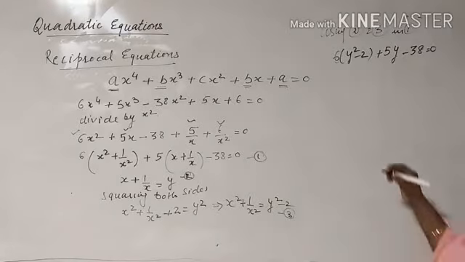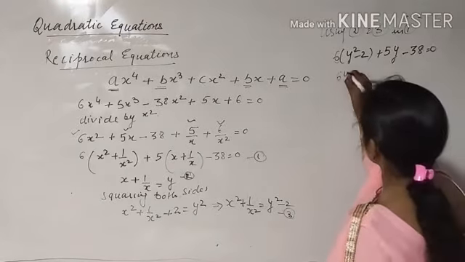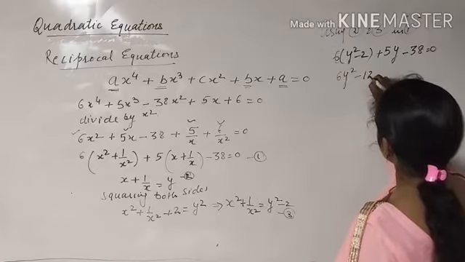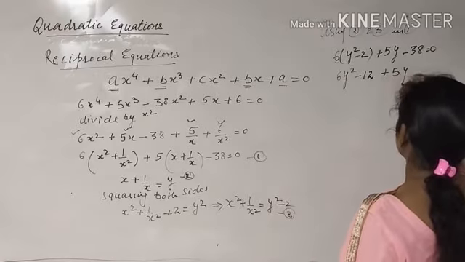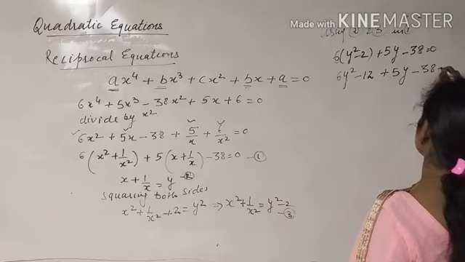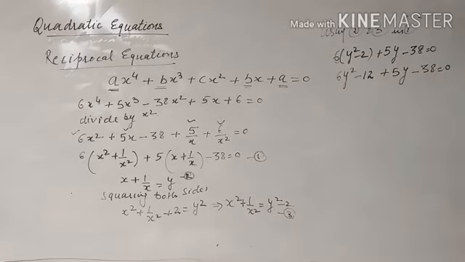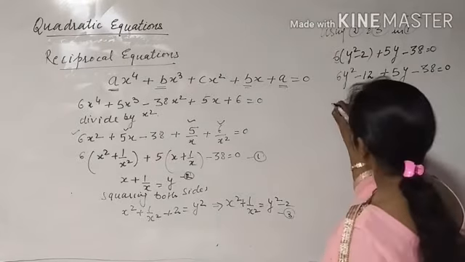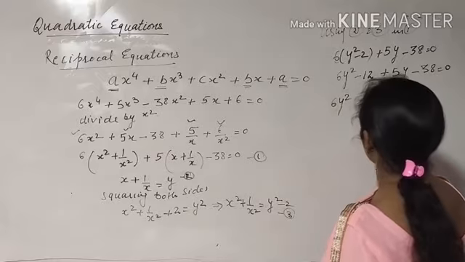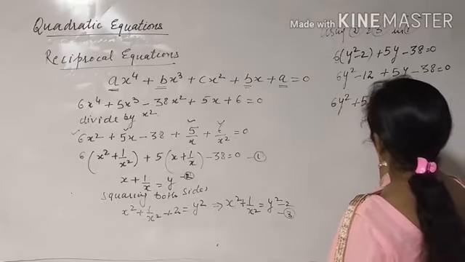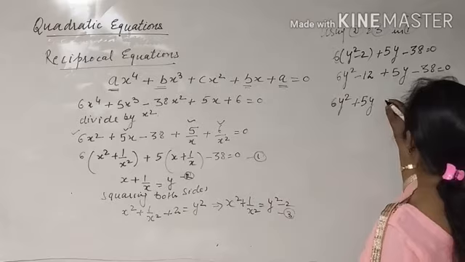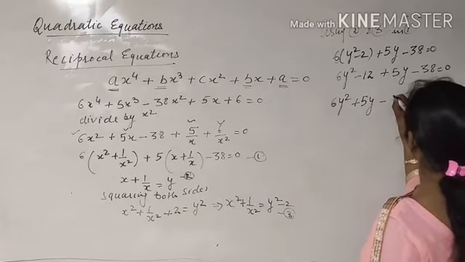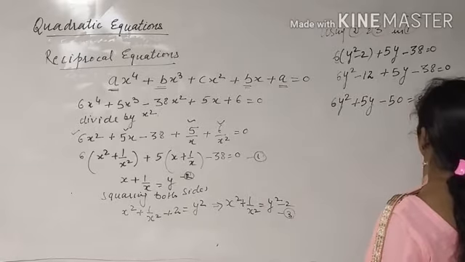Now solve this equation. You get 6y square minus 12 plus 5y minus 38 is equal to 0. And then this is a very simple quadratic equation: 6y square plus 5y minus 50 is equal to 0.